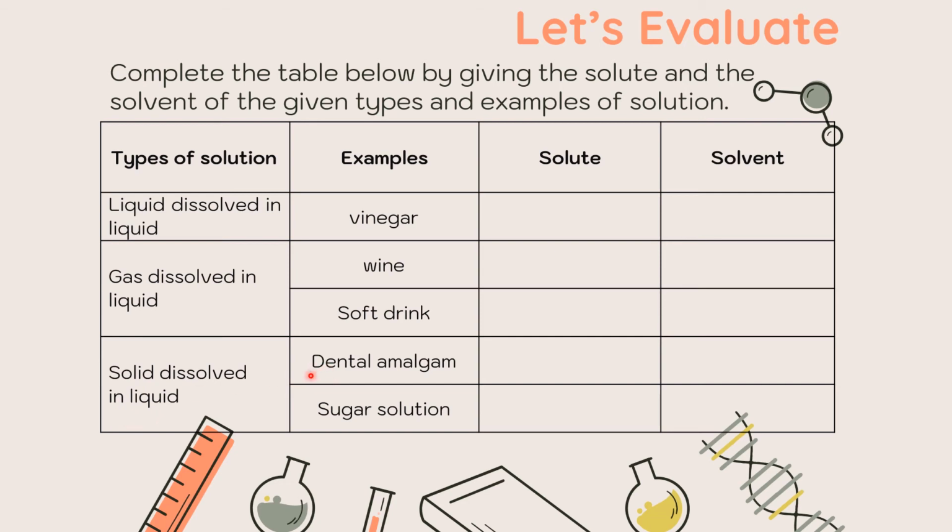What do you think are the components of dental amalgam? And then what is the solute and the solvent there? And the last one, we have sugar solution. So if we have sugar solution, what is the solute and what is the solvent?